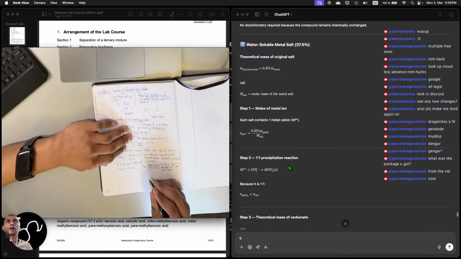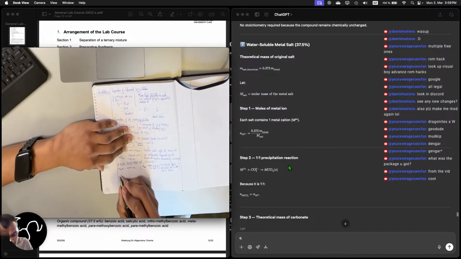Moles of metal ion. Now we finally found the number of moles.